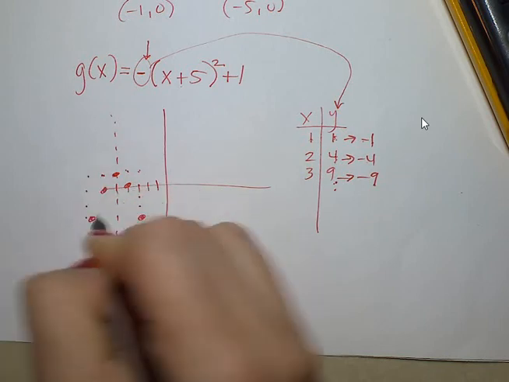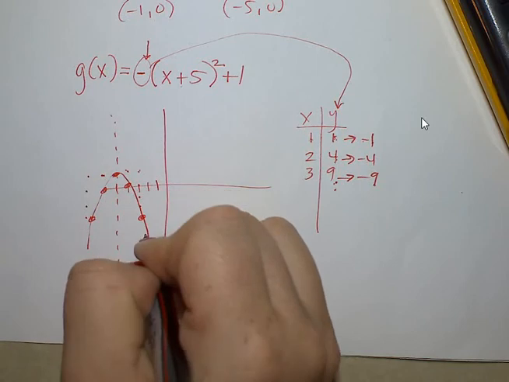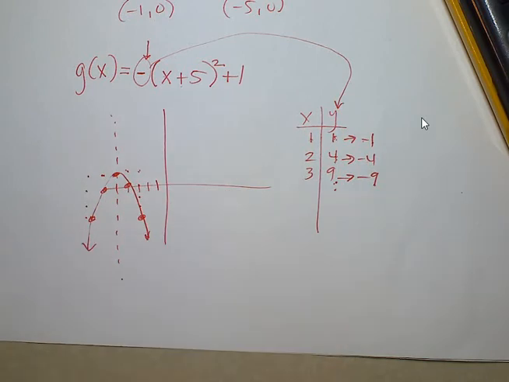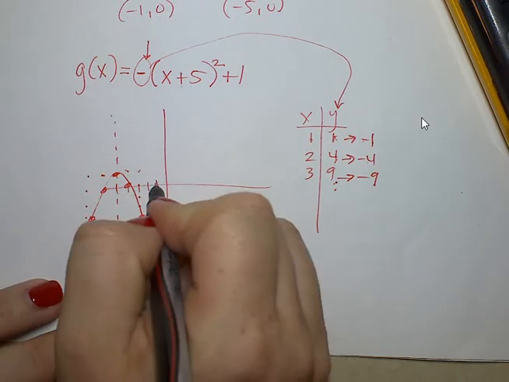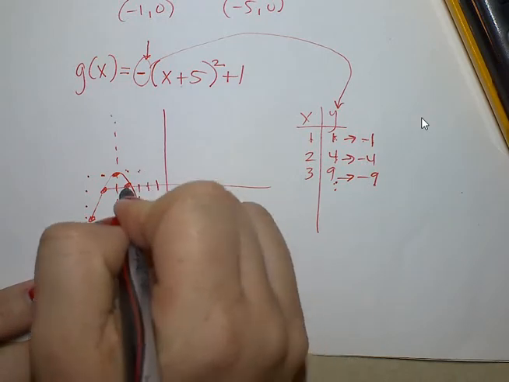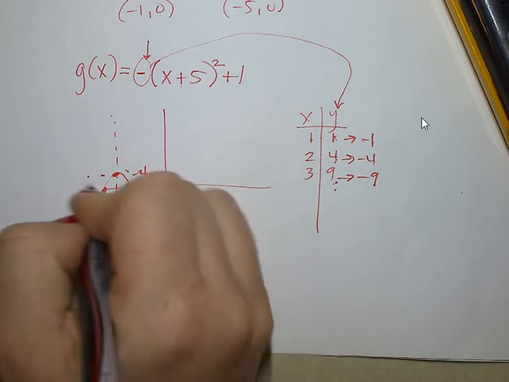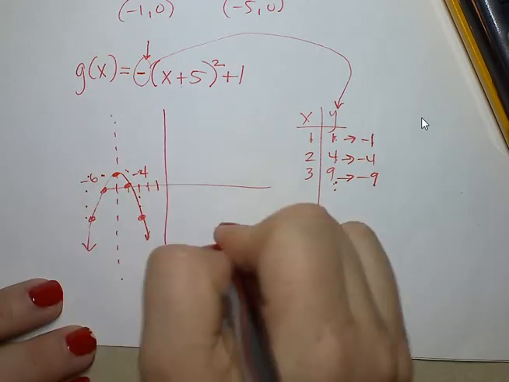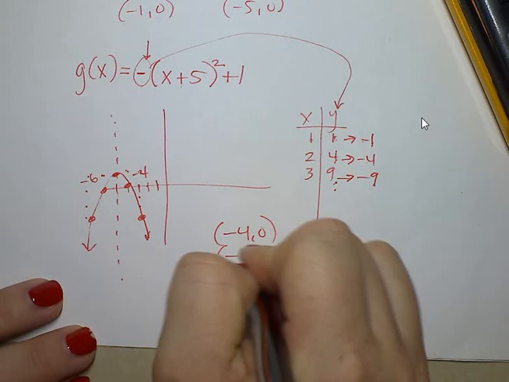And I don't need to go any further because the question specifically said, what are the x-intercepts? It didn't ask you to graph in any detail. So the x-intercepts would occur at 1, 2, 3, 4, at -4, and -6. To write those correctly, -4, 0, and -6, 0.